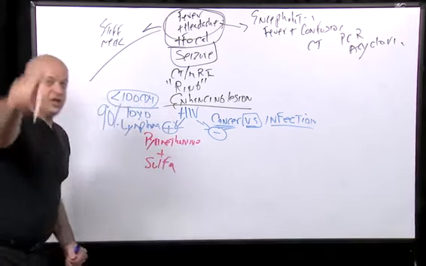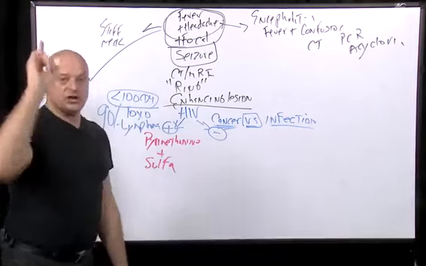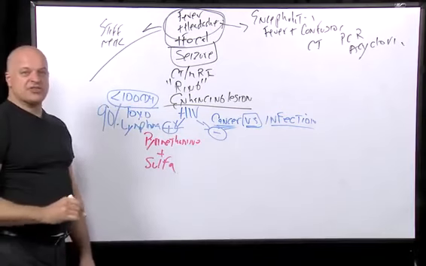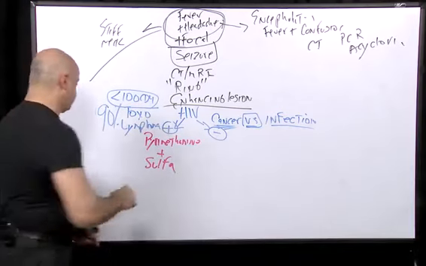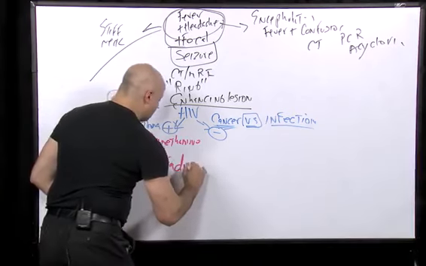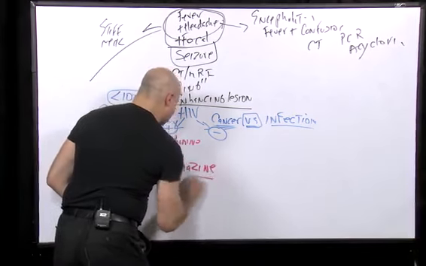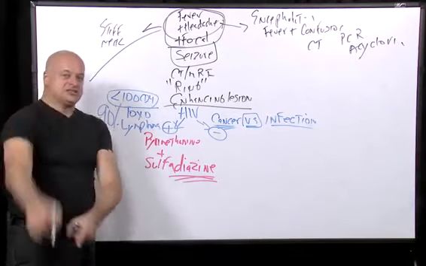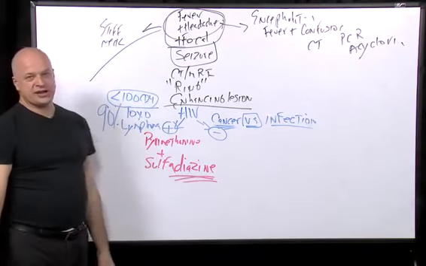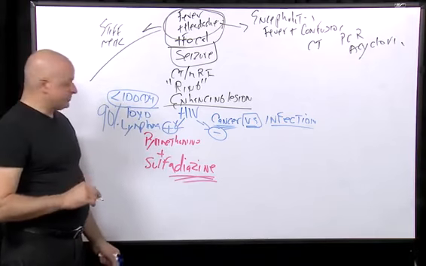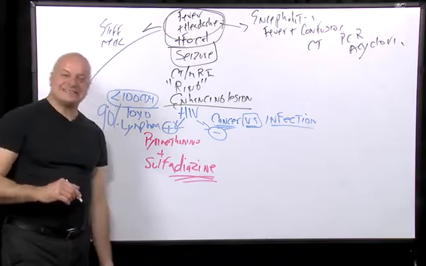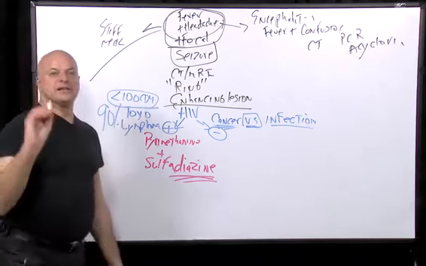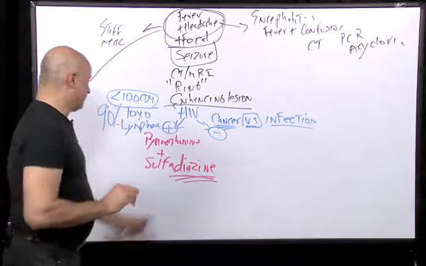Which sulfa? Used only in this one thing, no other disease, not sulfamethoxazole, not sulfasalazine, sulfadiazine. Sulfamethoxazole is for urinary tract infections and for pneumocystis. Sulfasalazine is for inflammatory bowel, but sulfadiazine.